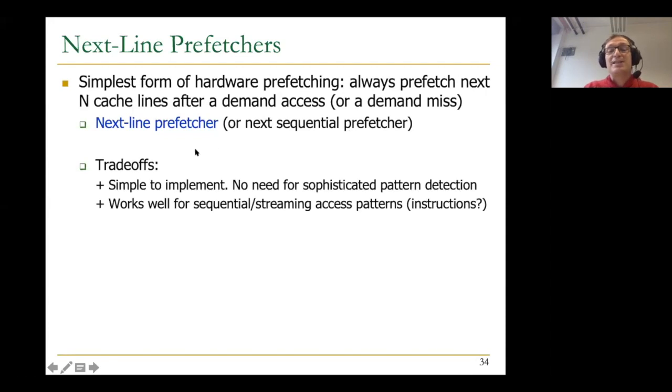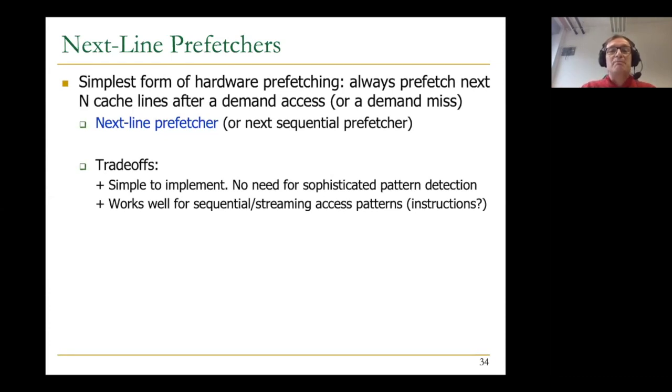This is simple to implement. No need for sophisticated pattern detection, clearly. You always guess that whenever you access address A, you're going to access address A+1 to A+N with some sort of locality, right? And this works well for sequential and streaming access patterns. For example, instructions are the ones who would benefit a lot from this, right? Since instructions are executed in sequential order in the von Neumann model, you basically are expected to go to the next instruction unless you have a control flow change.